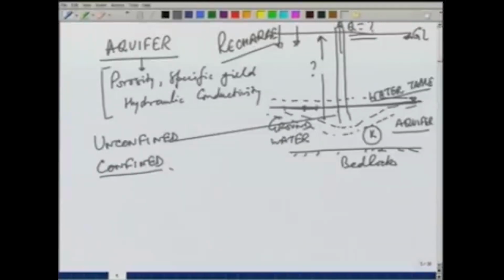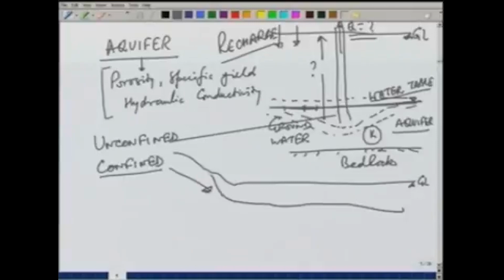In confined aquifers, if this is the ground level, we may have a layer of impermeable material.